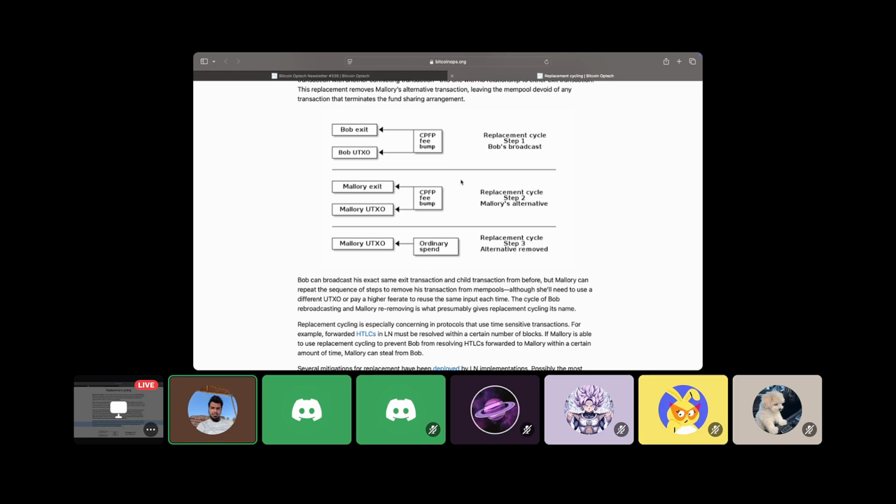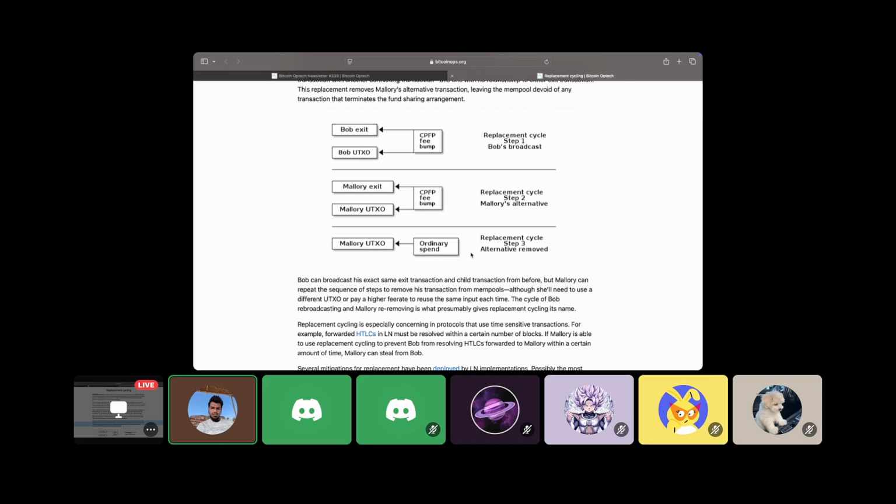So either Bob's version gets confirmed or Mallory's version gets confirmed. Now, who decides whose version gets confirmed? The miners will give preference to the version that is paying a higher fee. So Mallory will ensure that she pays a higher fee so that the miners evict Bob's version and give preference to Mallory's version. Now, before Mallory's version gets mined, Mallory will broadcast another transaction.